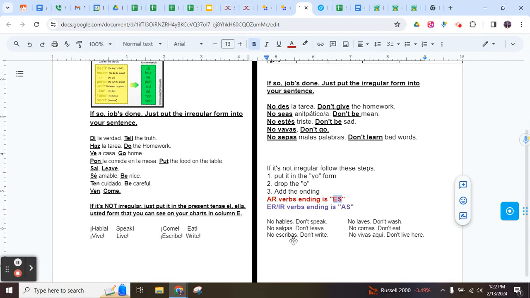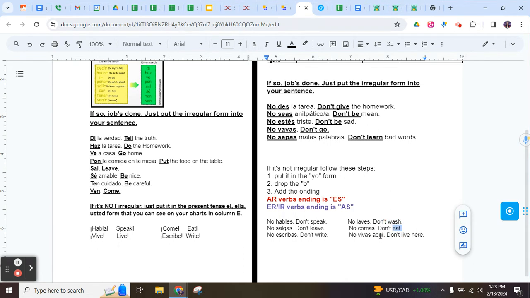No escribas. Lavar is an AR verb, lavar, to wash. So we put it in the yo form, lavo, drop the O, we're left with lav. And since it's an AR verb, we add ES. No laves. Comer, to eat, is an ER verb.